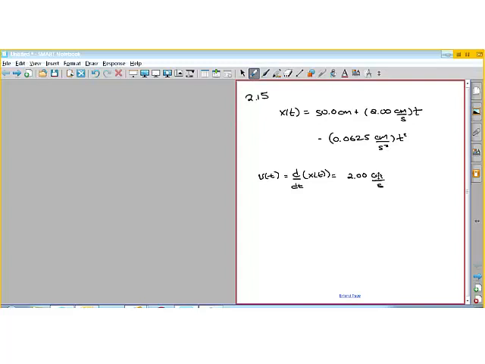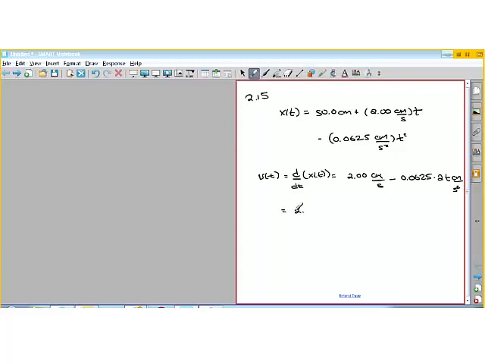You see the units work out, centimeters per second. And then we subtract 0.0625 times the derivative of t squared, which is 2t, and we have units of centimeters per second squared.